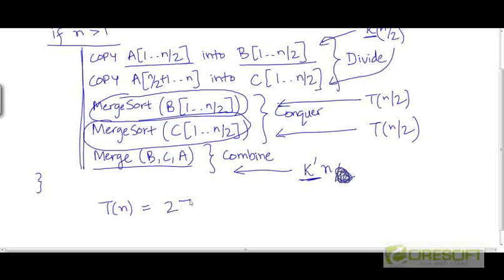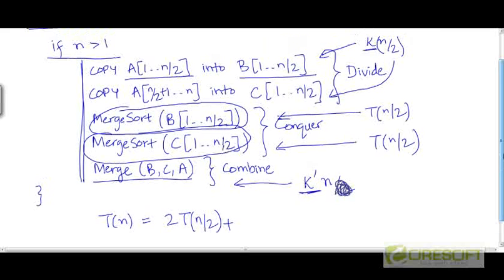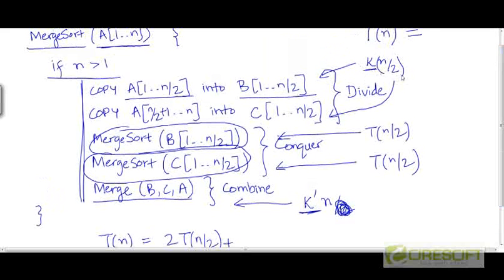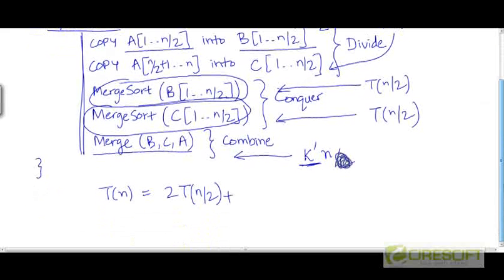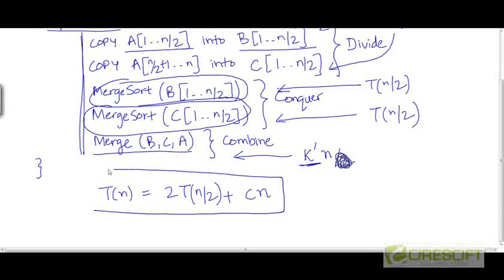So that's going to evaluate to twice of T of n by 2 plus k of n by 2 plus k of n by 2 is k of n, and k of n plus k prime of n is going to be k plus k prime, the whole thing multiplied by n, which is simply some constant, I'll just call it c, multiplied by n. So this is an equation for the running time of merge sort.